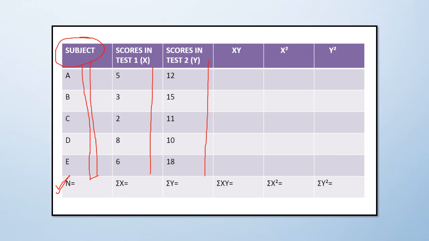Here we take xy first because these two things are here, so this multiplication figure we take directly. So we first calculate xy, then x square, then y square, and then take a summation: summation x, summation y, summation xy, summation x square, summation y square.